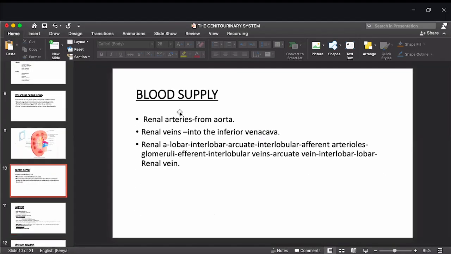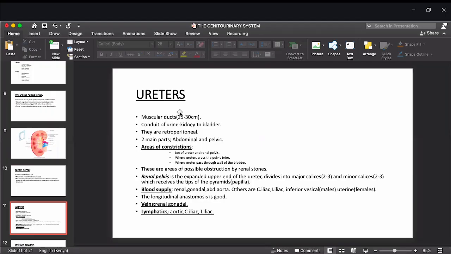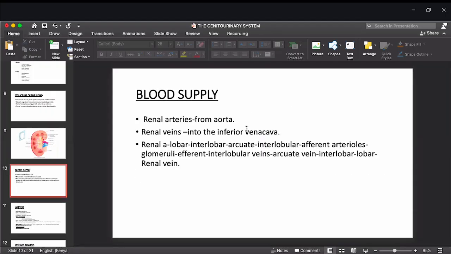You must know where the left renal vein and right renal vein drain. That's a good anatomical difference, so about that one I will ask. Go check how the renal veins are arranged for the left kidney and the right.